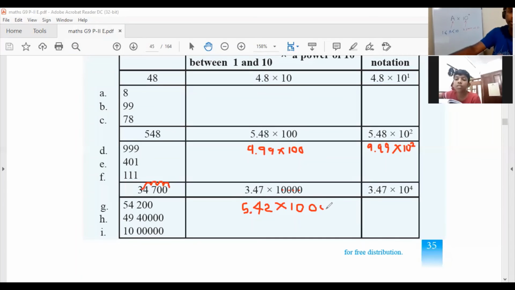Your answer is correct. In scientific notation, 5.42 multiplied by 10 to the power 4. Yes, your answer is correct. Well done. Good performance.